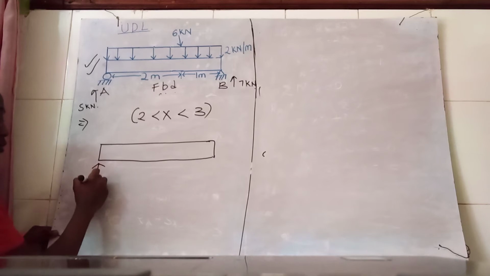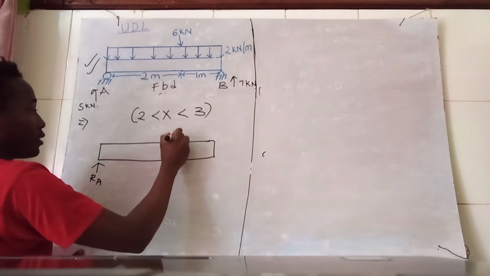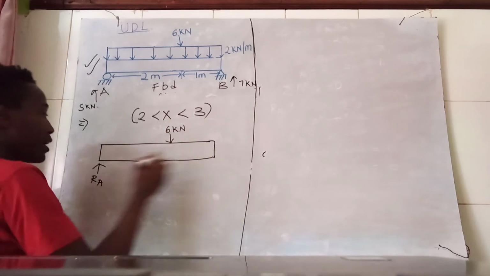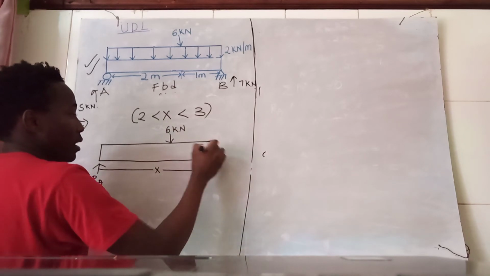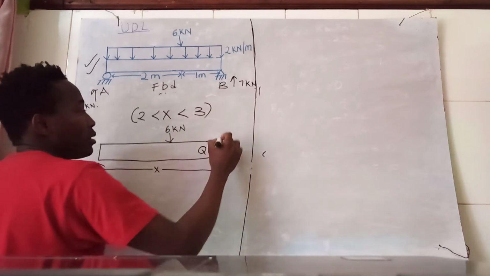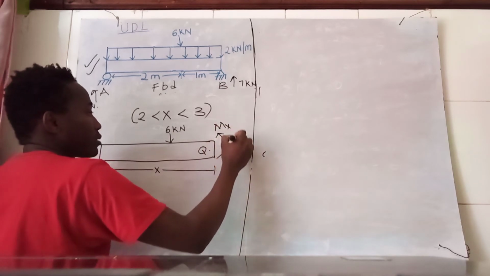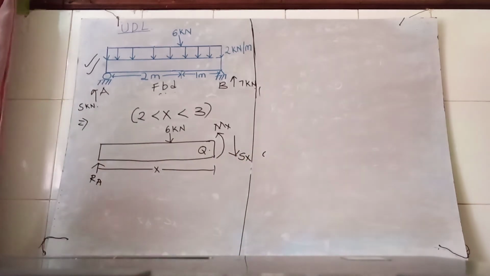Our reaction force RA, a force of 6 kilonewtons. The entire length is x. I have a point Q. Moment Mx. Shear force S of x.